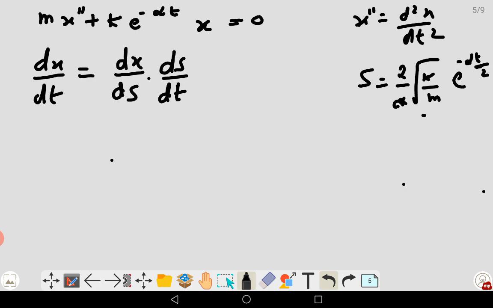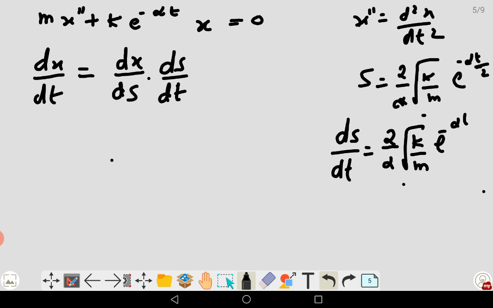Okay. Differentiate s with respect to t here, ds over dt. All the terms are constant except the exponential. So it will be 2 over alpha square root of k over m e raised to minus alpha t over 2 into 1 by 2 into alpha by 2. Negative alpha by 2 is the constant.